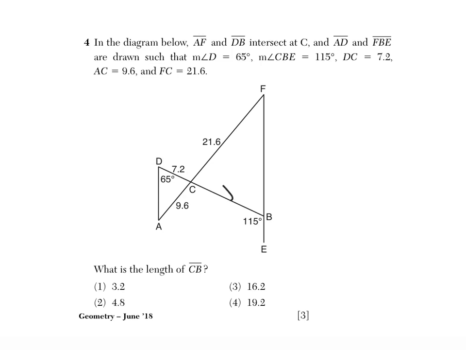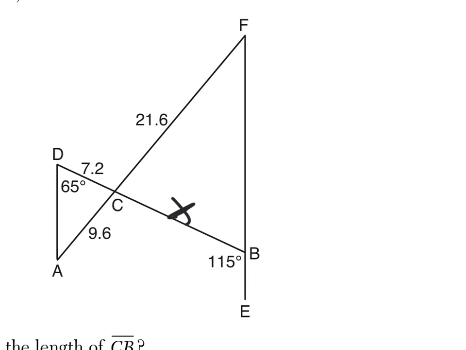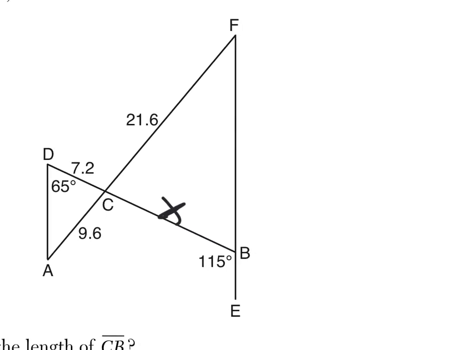All right, so how are we going to figure out what CB is? Well, the first thing that we're going to need to do is establish similarity between these 2 triangles so that we can then set up a proportion. On further inspection, I noticed that this angle right here forms a linear pair relationship with CBE, and 180 minus 115 is going to give us, of course, 65.